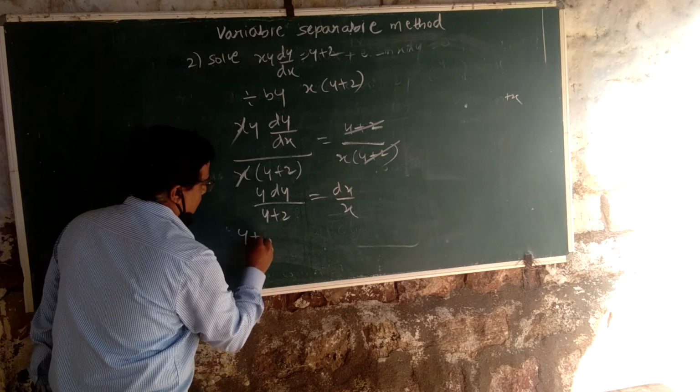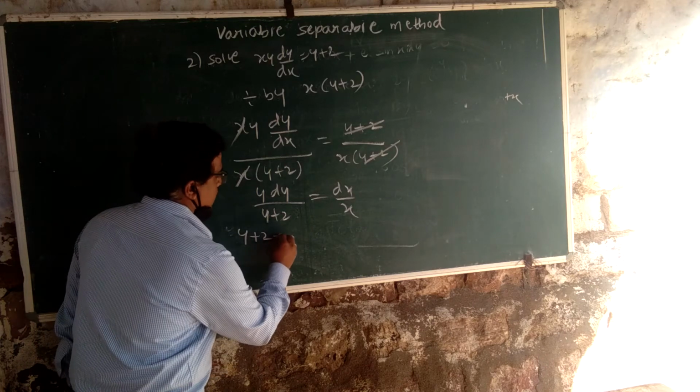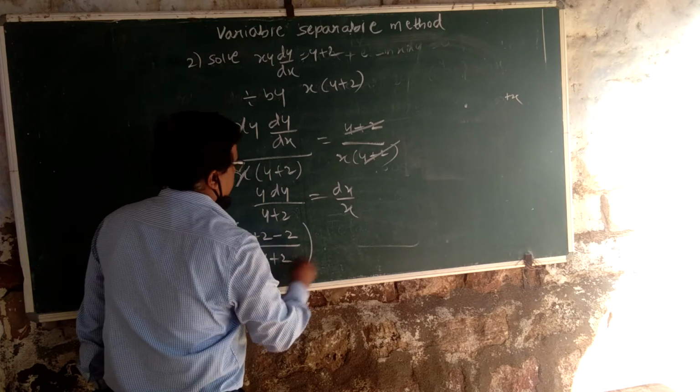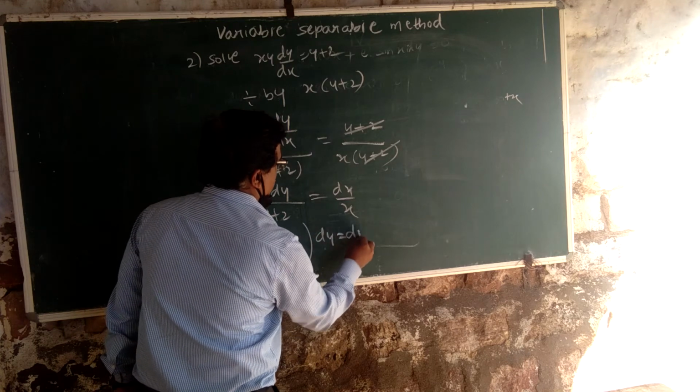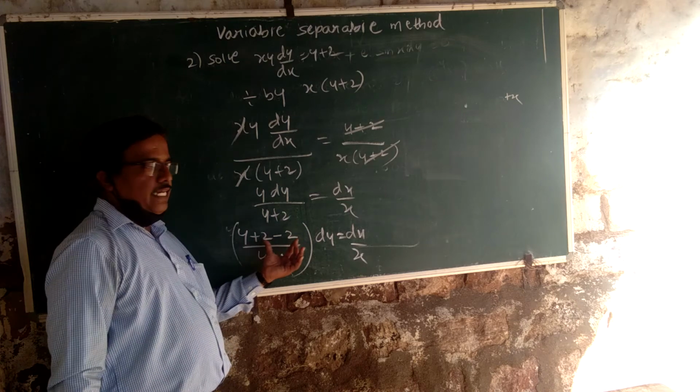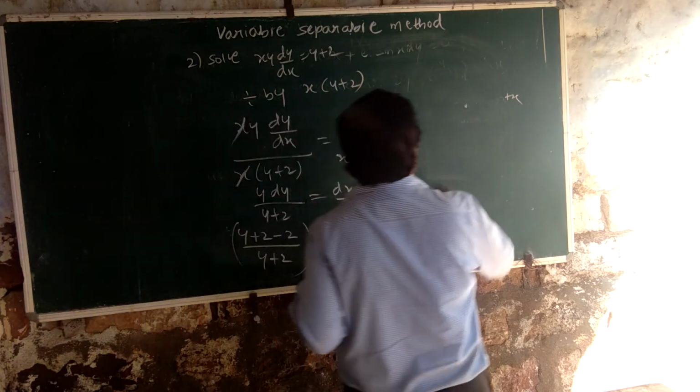Here I add 2 and then subtract 2, so the value does not change. So y by y plus 2 dy is equal to dx by x. Add and subtract 2, and next I split this equation.